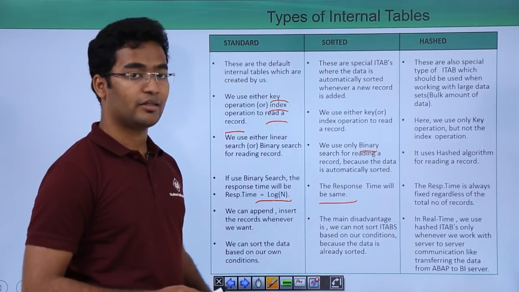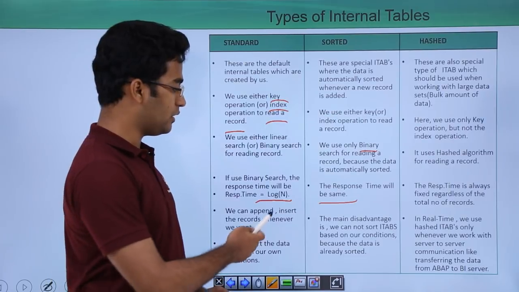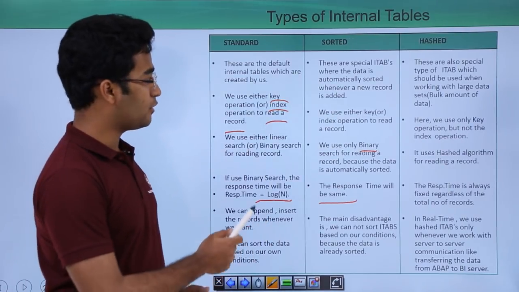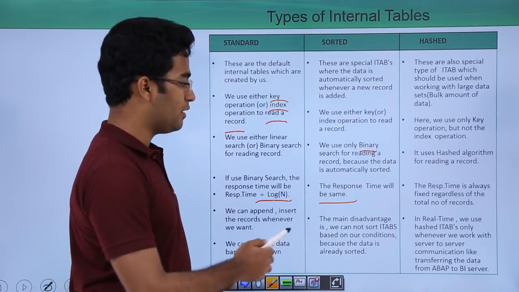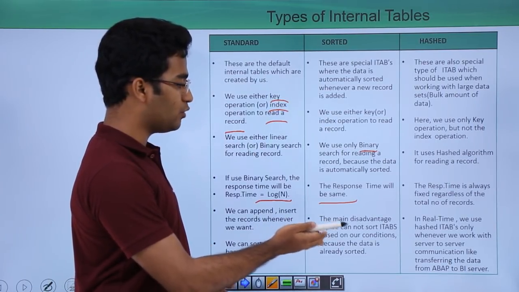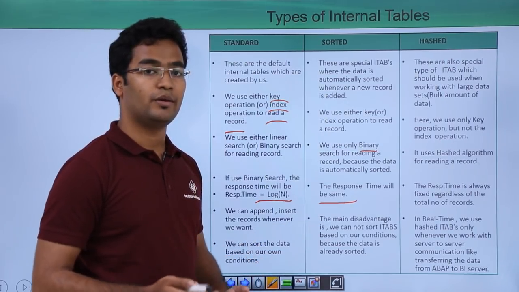In sorted, a main disadvantage is that we cannot sort the data based on our own condition since it is already sorted. And in real time, we use hashed internal tables only when we work with servers to communicate, like transferring the data from ABAP server to BI servers.